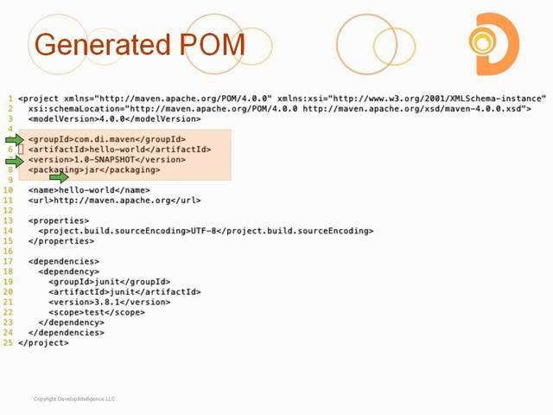And then some of the other stuff that it created on our behalf: the name of the project, the URL of the project. Obviously, I don't want my project to point to Maven, so I'd probably want to change that. Some encoding settings too. Macs have different encoding, which can cause problems from a compilation perspective. And then the big thing here is that I didn't tell Maven I'm going to do unit testing. I didn't tell Maven that I'm going to use JUnit.